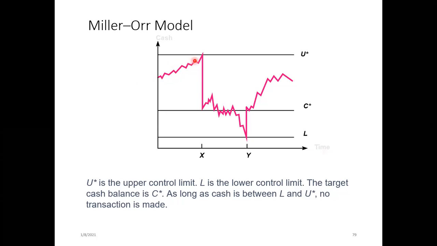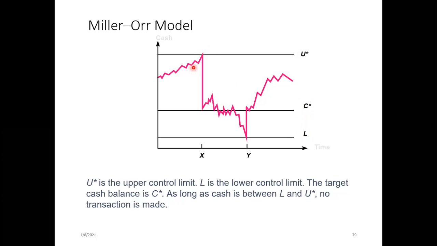Once the cash balance reaches the upper limit, for example, the upper limit is 100,000, the optimal limit is 30,000, and the lower limit is 5,000. Here 100,000, here 30,000, here 5,000, right?